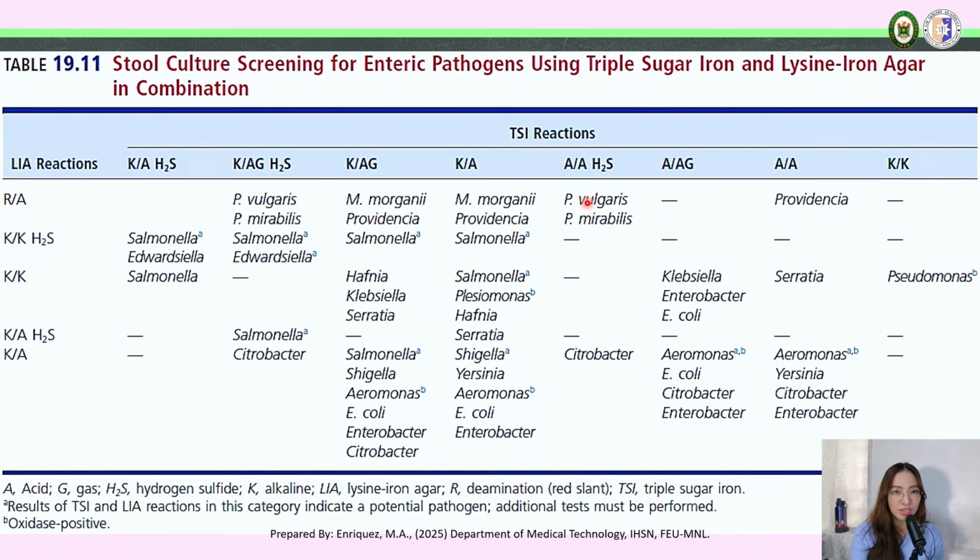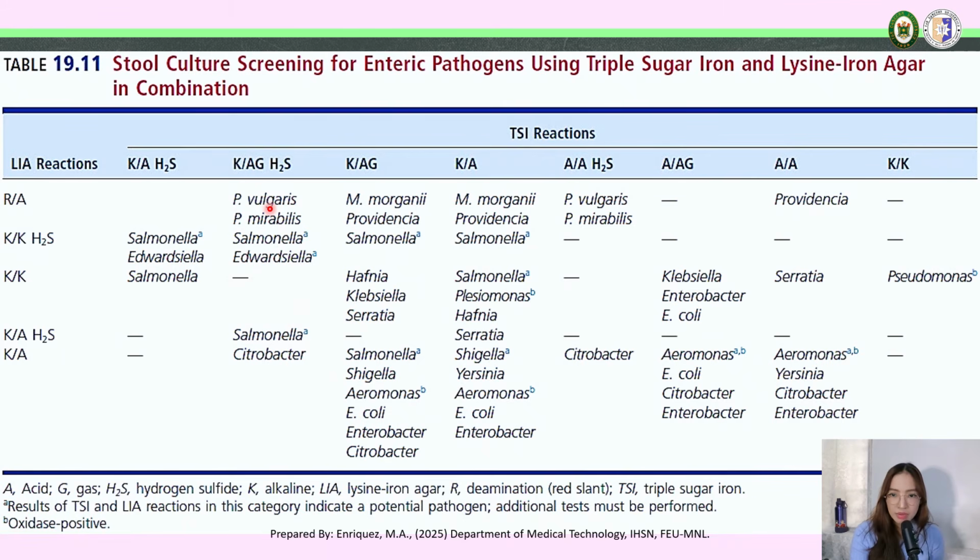But if we look right over here, okay, nakikita po natin dito that it's also capable of producing K over A and positive for gas and H2S positive result.